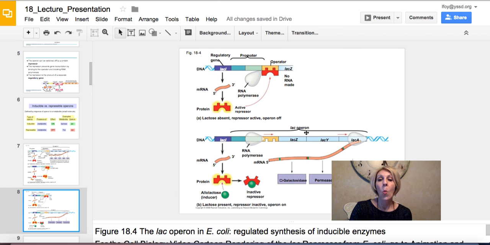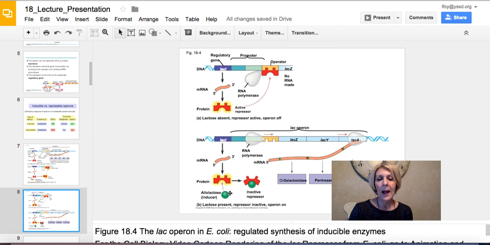When glucose is not present, the bacteria says, okay, I will go ahead and metabolize lactose because I have to. When lactose is present and the cell can use it, there is another form of lactose called allolactose. Allolactose is always present when lactose is present, and they're isomers, if you remember that term.